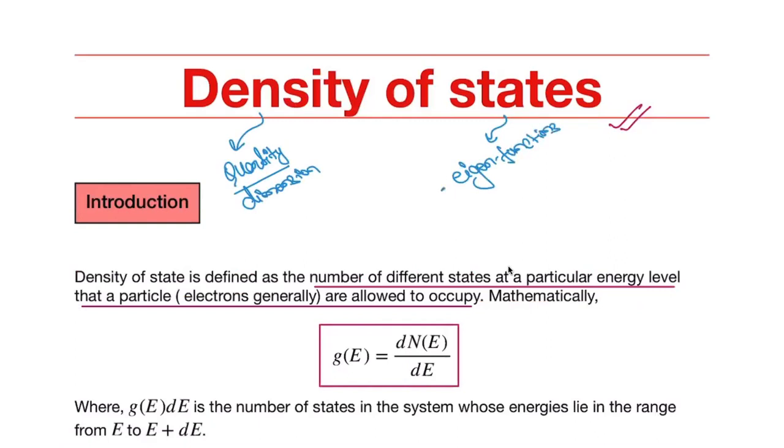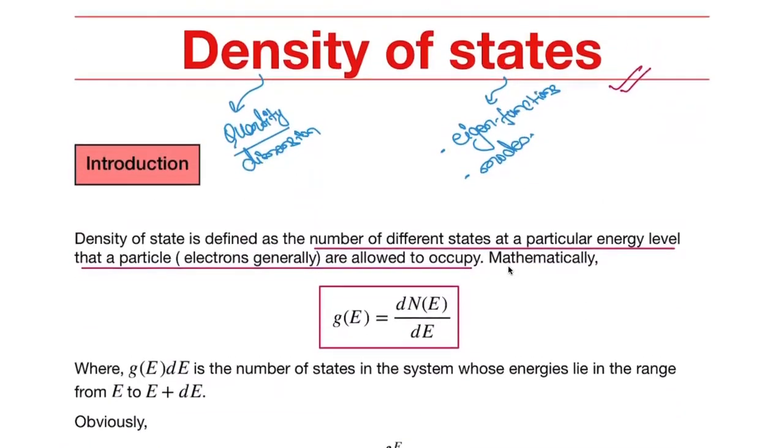The solution of the eigenvalue problem that we are getting. It is also known as modes. So in some books or some material, you will find eigenfunction, in some you will find states, in some you will find modes. Now, let us define what is density of state.